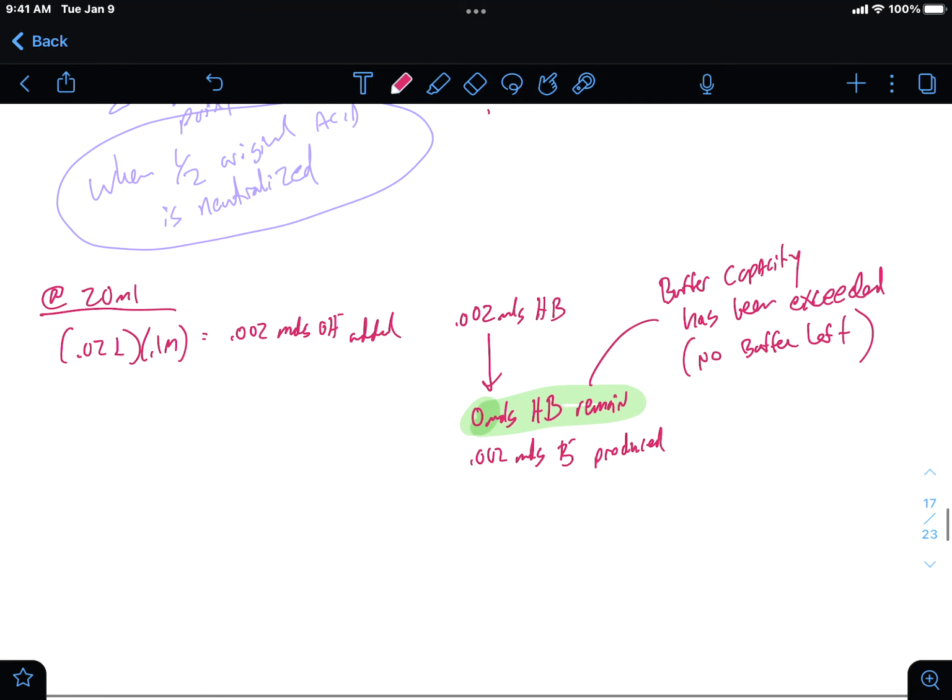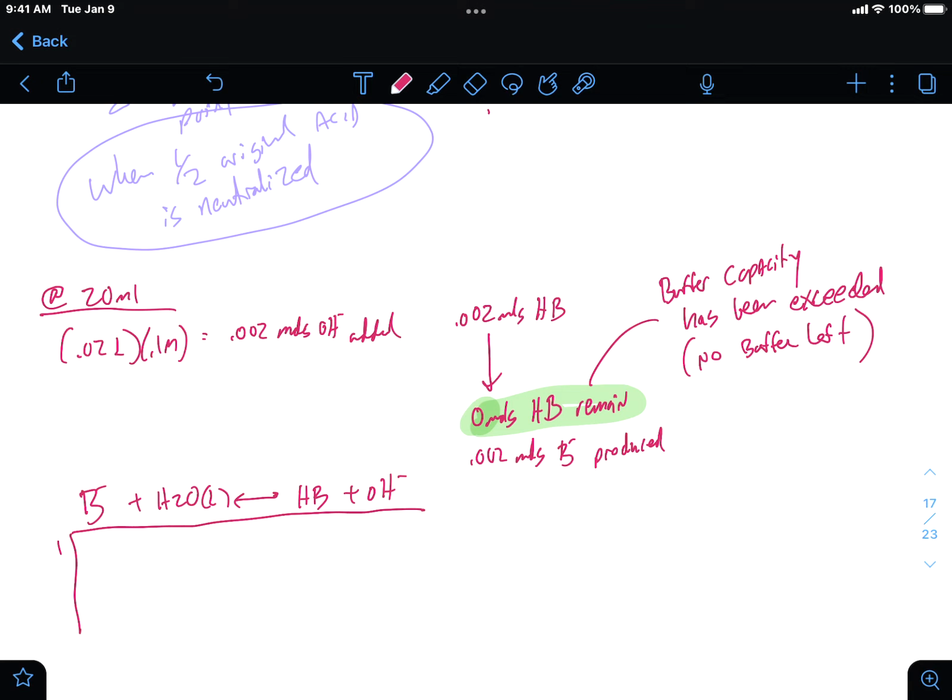So, if this is a weak base, that means your ice table equation looks different. It now becomes focused on the weak base, B minus. And so to solve this problem, you will need to recalculate what the concentration of B minus is. And to solve the equilibrium portion of this, you need a Kb value, which I did not give you.